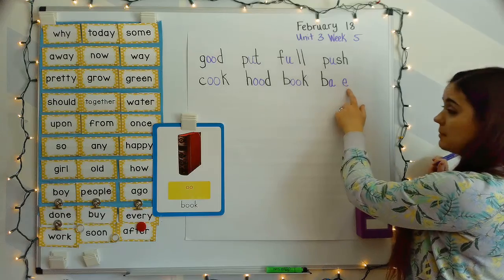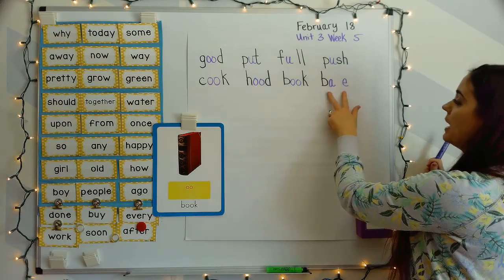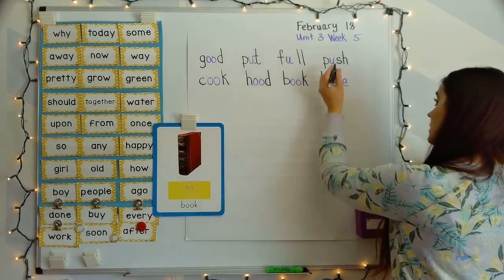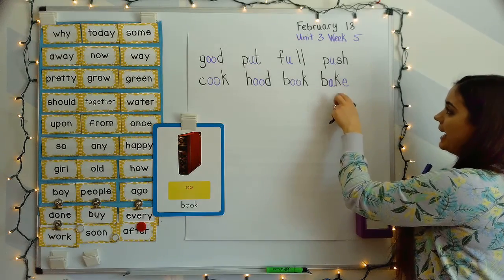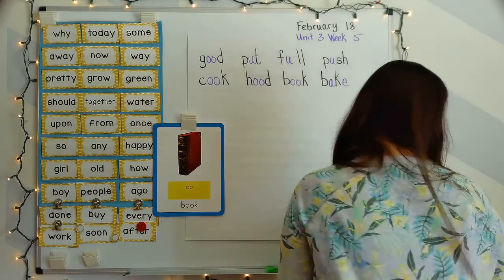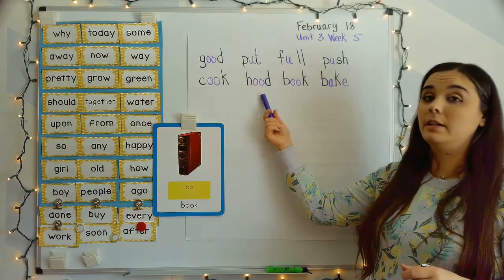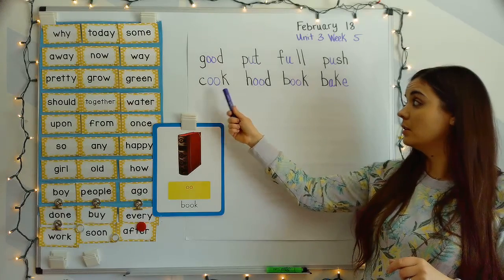But since E comes along at the end of the word, it switches to the long A. K says ka. Bake. All right, let's read our second line. Cook, hood, book, bake. Your turn.